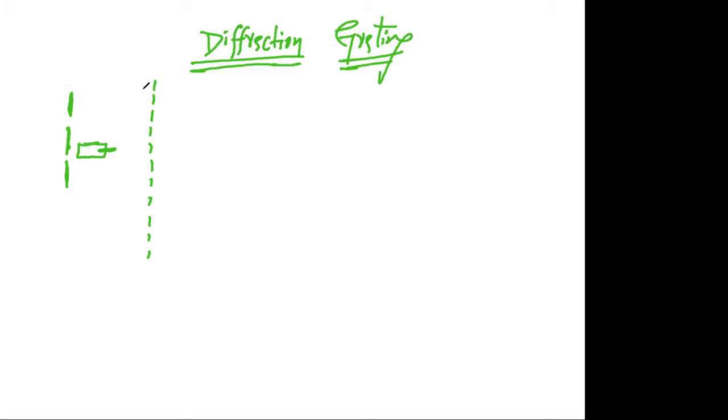And the distance between the slits, this is the center point, okay, so that distance will be d. So light will come over here and will go like this.